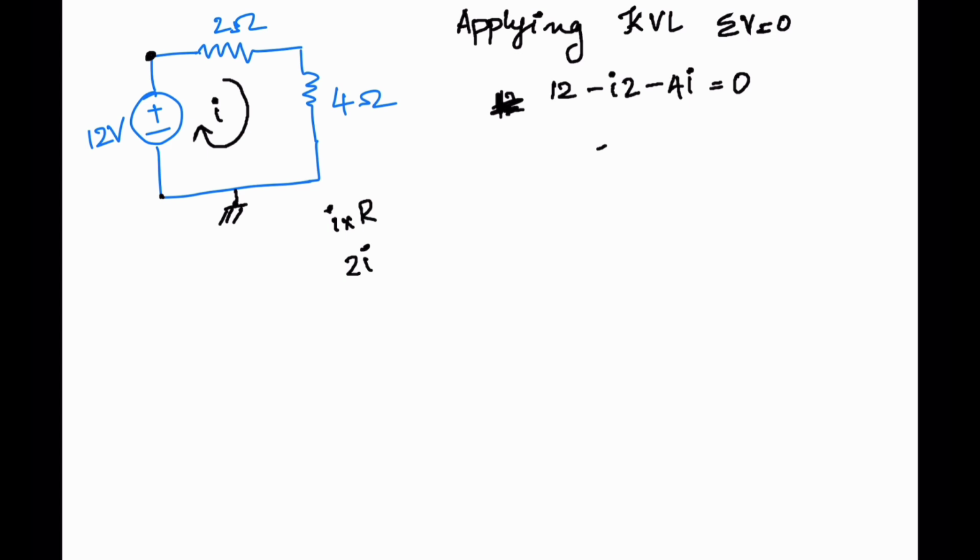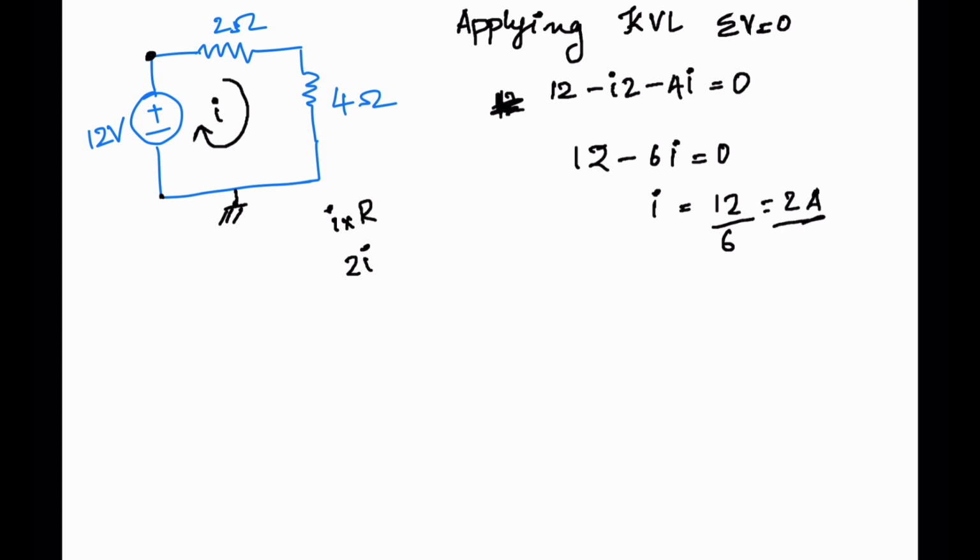Now I can write 12 minus 6I is equal to 0, or I is equal to 12 by 6, which is equal to 2 ampere. So the current flowing through the circuit is 2 ampere.